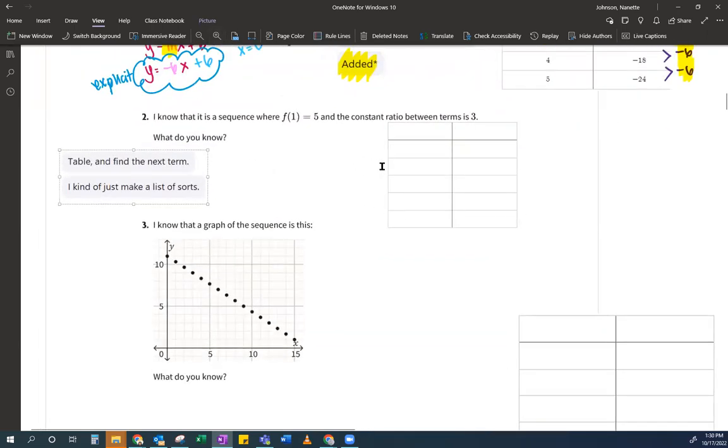Okay. So how do I fill out this table? What should I do first, guys?